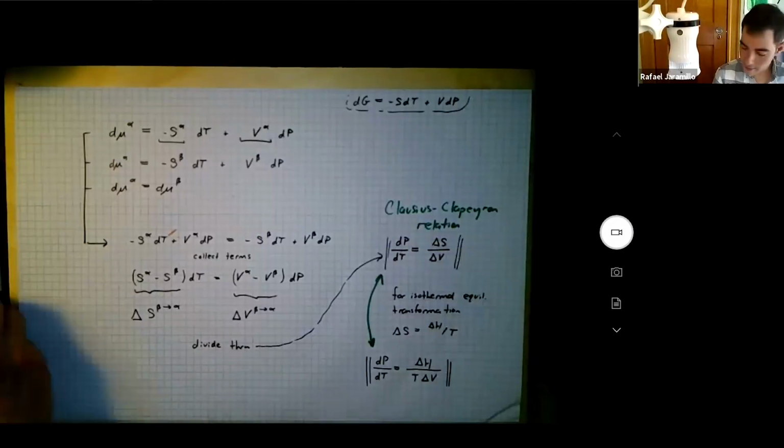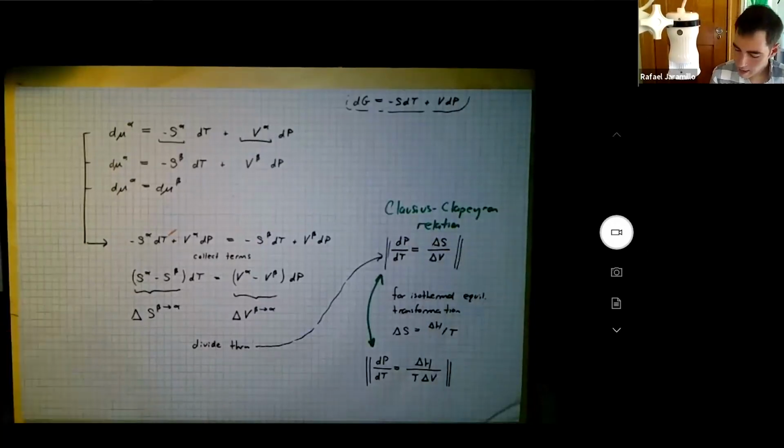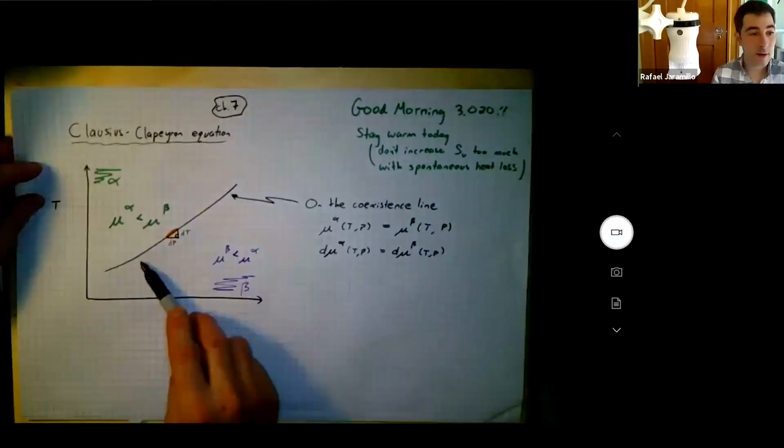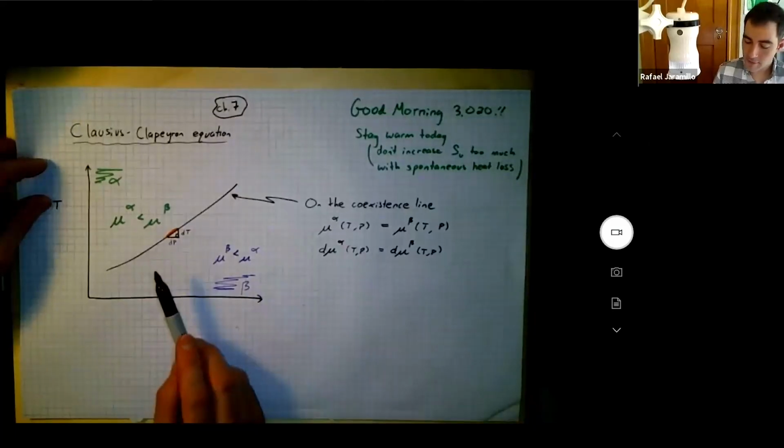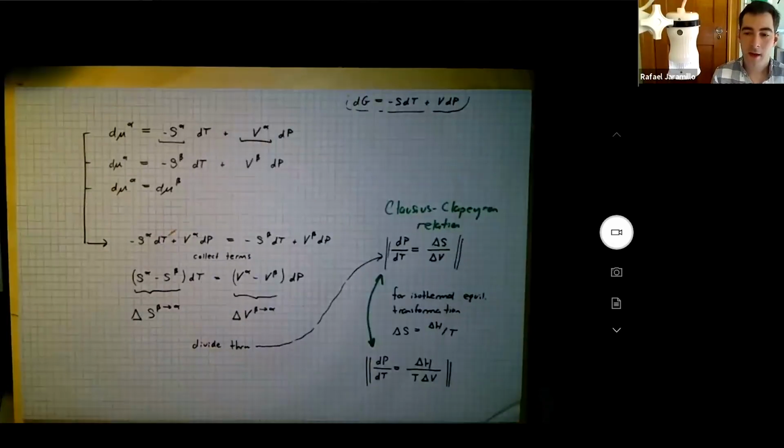These are very famous. It's a differential equation for this line, right? It's not an equation for the line, but it's giving the slope of the line as a function of temperature and pressure, where temperature and pressure parameterize these transformation quantities, delta S and delta V. This is in general true for any two-phase coexistence line.